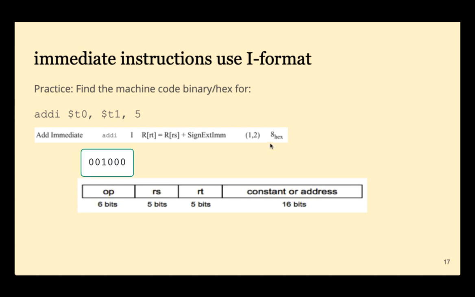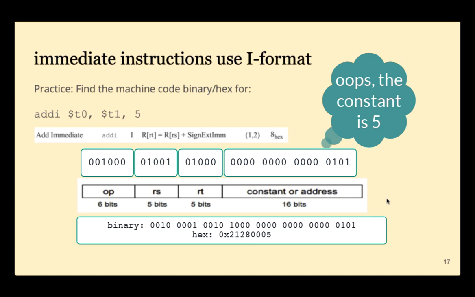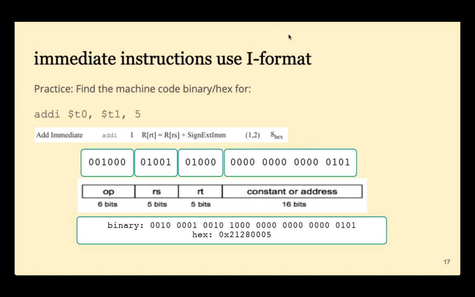All right, the opcode is 8, so the 8 will fit in these 6 bits here. Our destination register is T0, that will go in the RT field, and our source register is T1, which will go in the RS field. The last 16 bits are reserved for the 8. So here is the binary and the hex for this instruction.